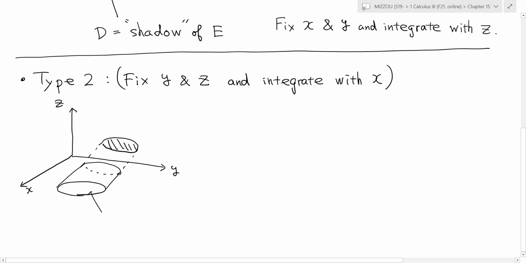Suppose this portion is X equals U2 of Y, Z, and this one is X equals U1 of Y, Z.